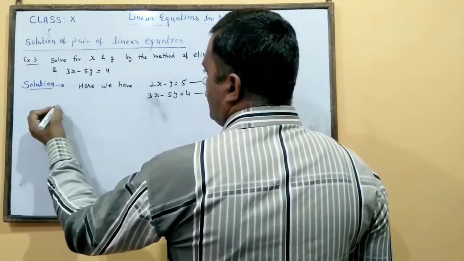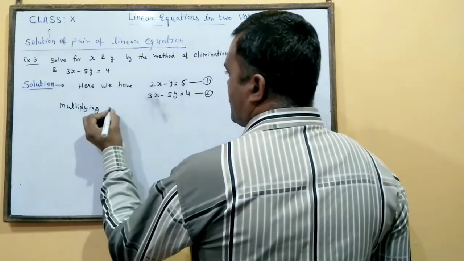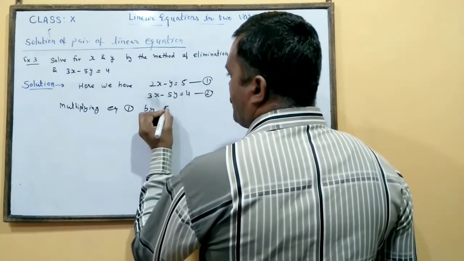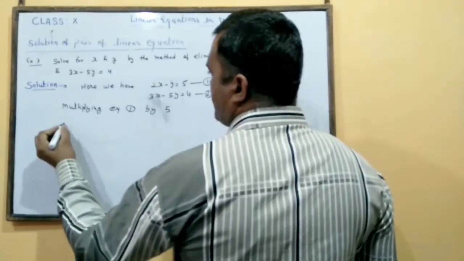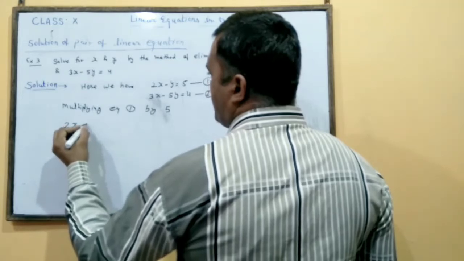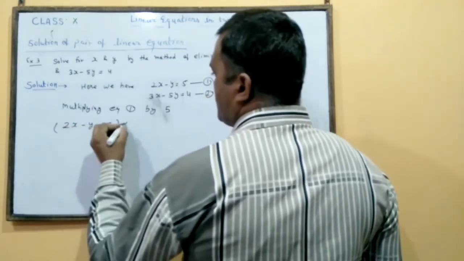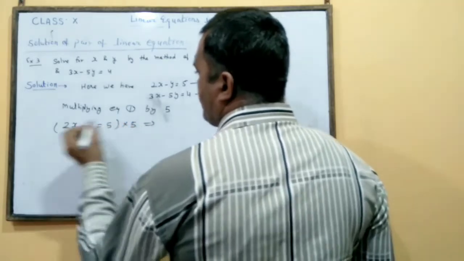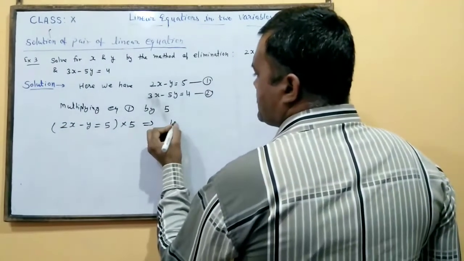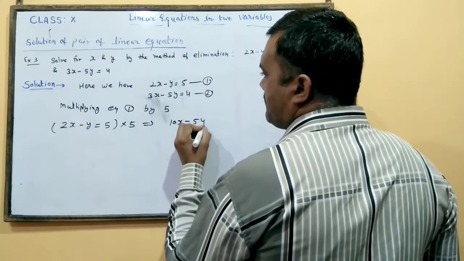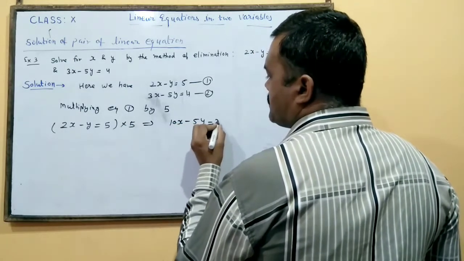So multiplying equation 1 by 5. So it will be 2x minus y is equal to 5, and this will be multiplied by 5. So we have 5 times 2x, 10x, minus 5y is equal to 25.